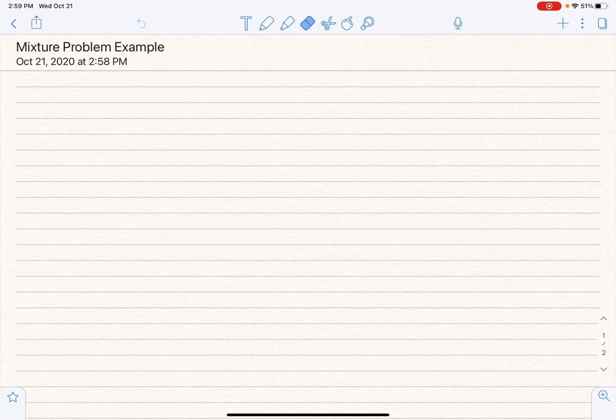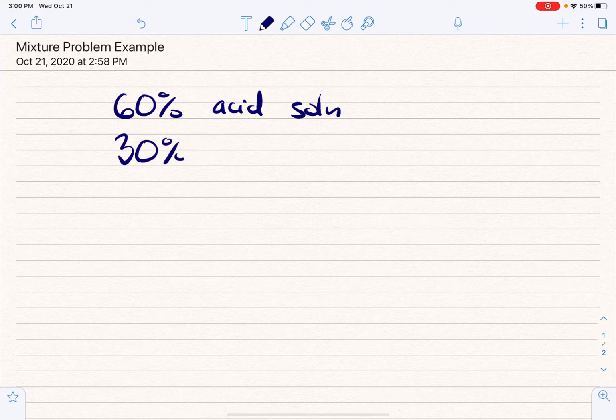So if I look at the very first one from the homework assignment, it said: what quantity of a 60% acid solution needs to be mixed with a 30% acid solution?